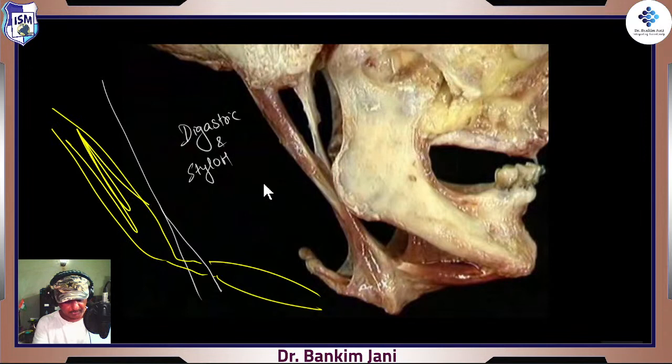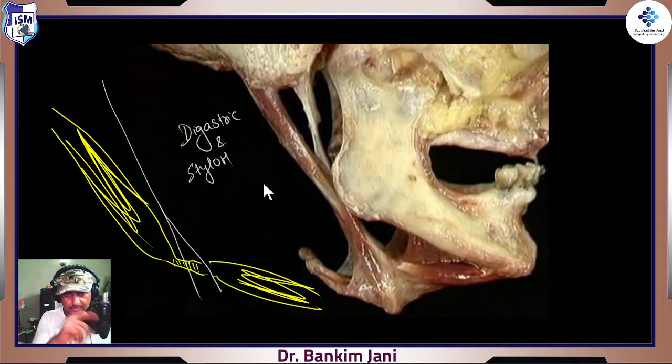So this is the muscular part. This one is the muscular part, and this one is the tendinous part. It is this tendinous part which is passing between that split of stylohyoid. And for the better pull, there would be some fibrous sling, fibrous pulley type of thing, so that the tendon can really move easily, right?